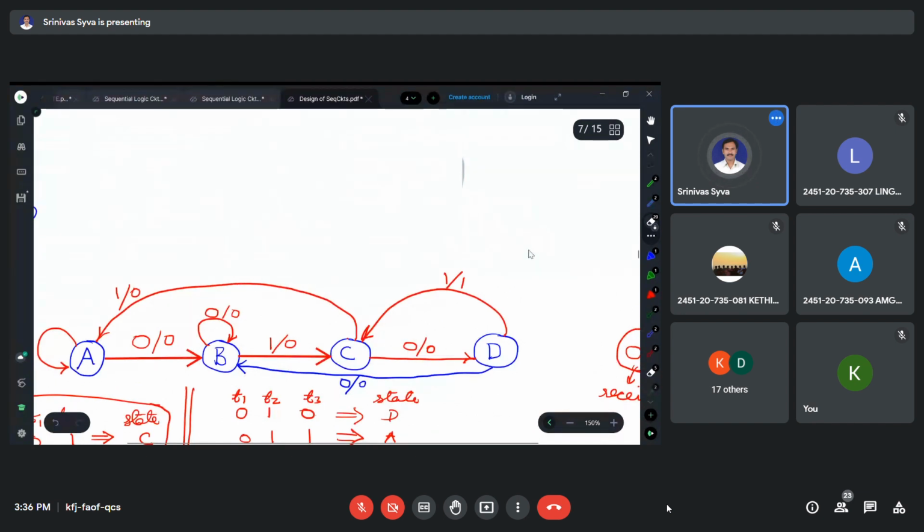I will show you the state table. From the state diagram, we can derive the state table.